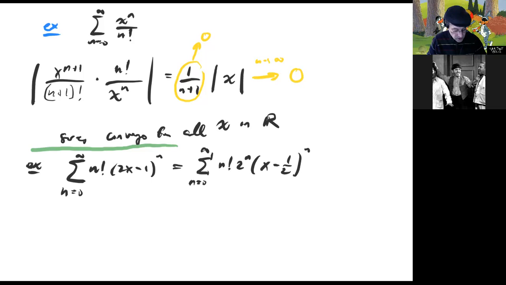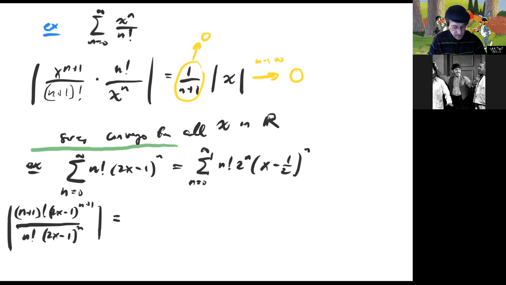Now we're going to use the ratio test. We get n plus 1 factorial times 2x minus 1 to the n plus first power over n factorial times 2x minus 1 to the n. We take the absolute value, and we're left with what? There's an n plus 1 over n factorial, which we can bring through the absolute value to get n plus 1. And what's left over is absolute value of 2x minus 1. Then two things can happen here.